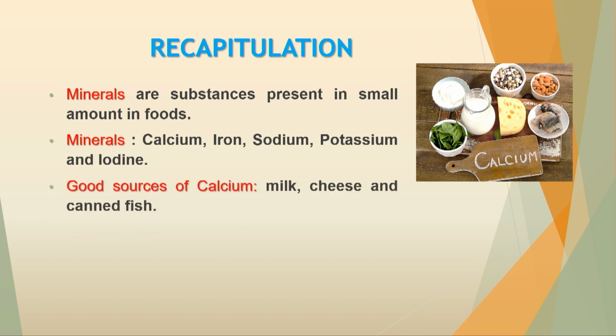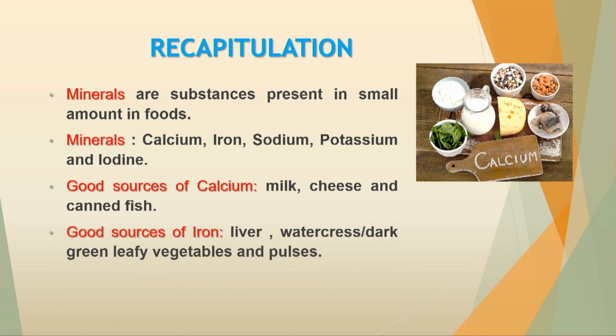Good sources of calcium are milk, cheese, and canned fish, for example, sardines. Good sources of iron: liver, watercress, dark green leafy vegetables, and pulses.